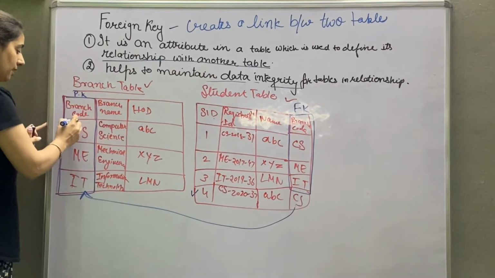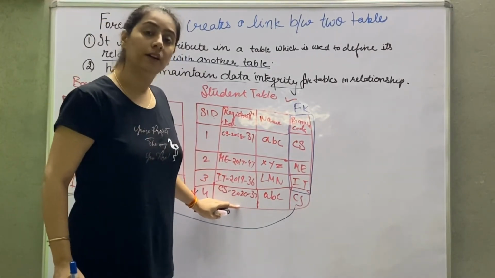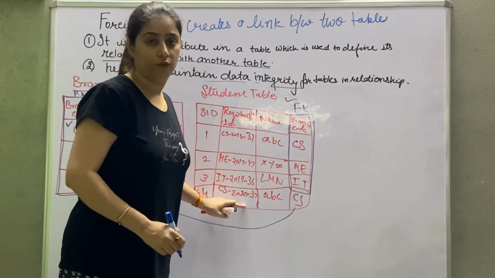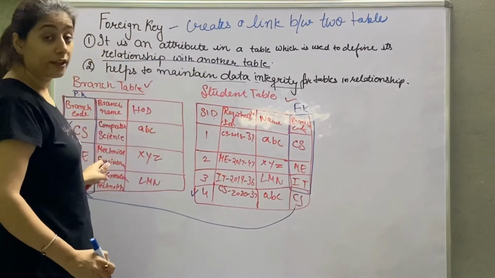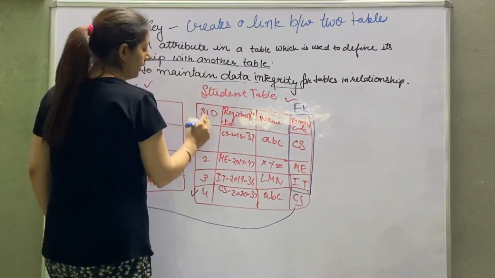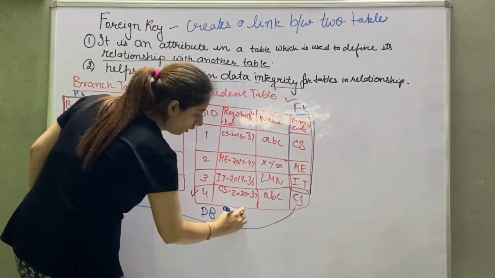Yes, it is existing here. Then it will allow to enter the data here, it will allow to add the record over here. Fine, if it is not existing, then the database will create an error.